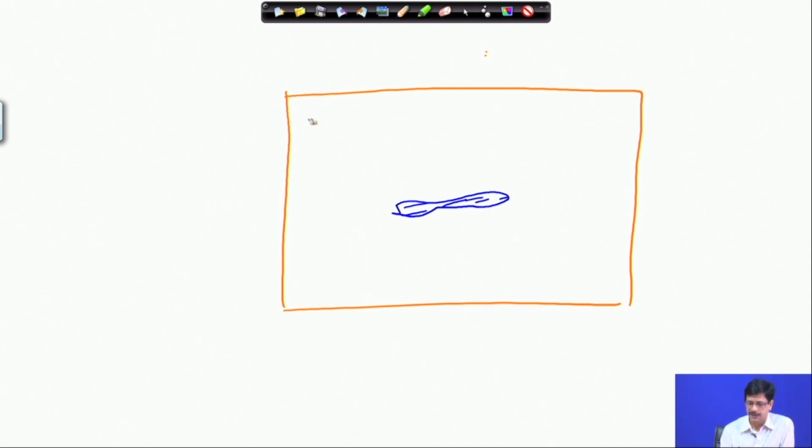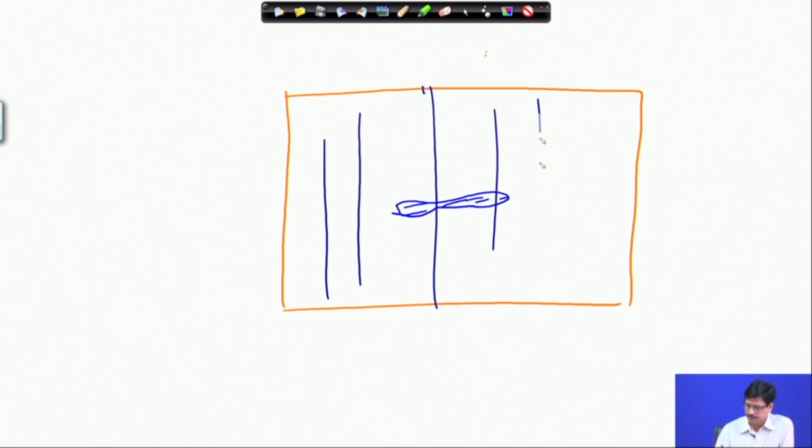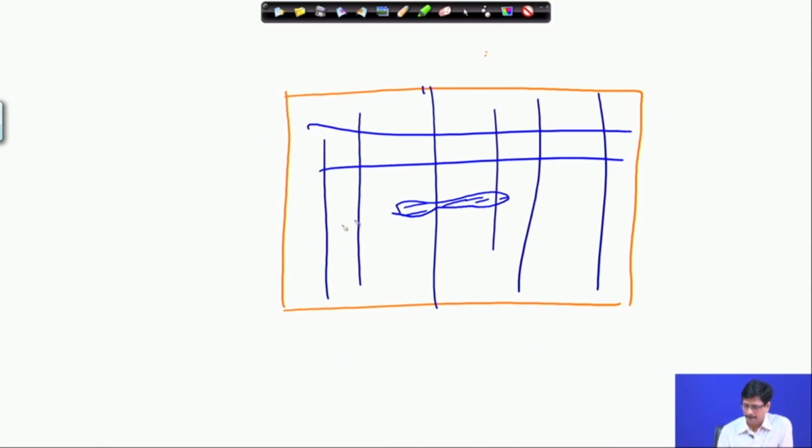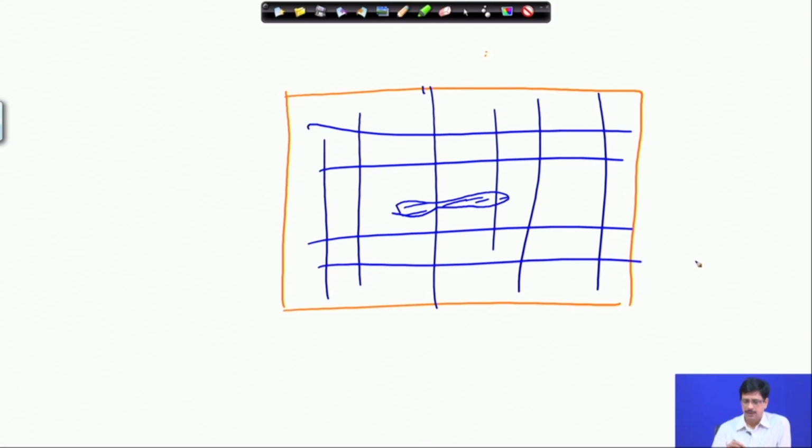The sampling that I am taking for the soil depends on the grid that I am following, how closely spaced or how widely spaced the sampling is.